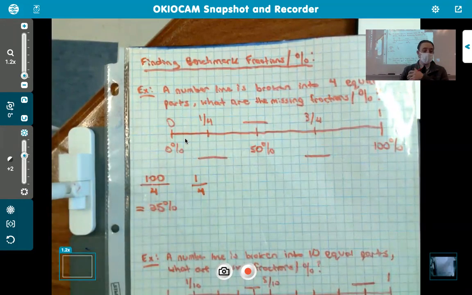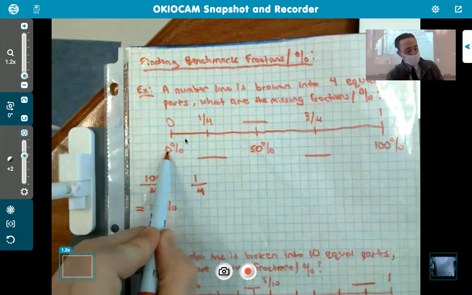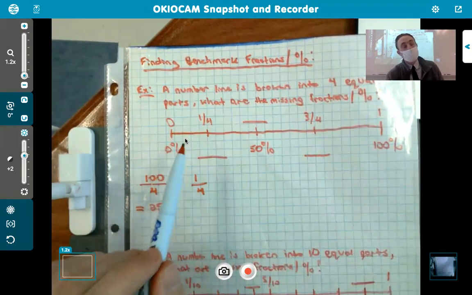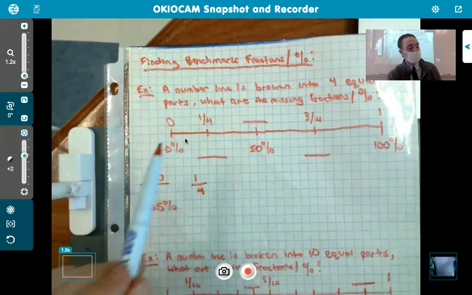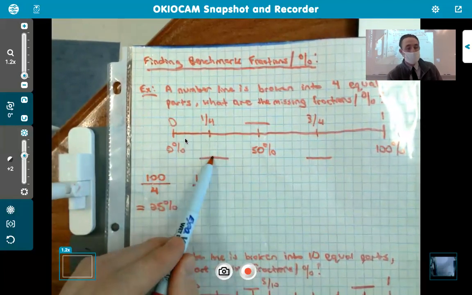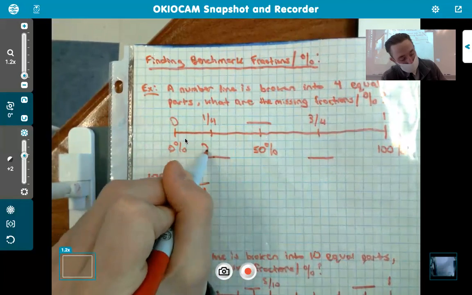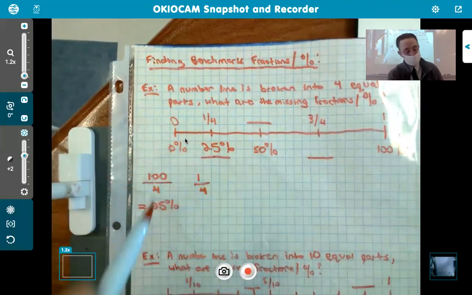And hopefully we can use this fact to help us find what the percentages are going to be at each step along the way for something that's missing, what each fraction is going to be each step along the way, and be able to fill in our missing values, okay? So if I start at 0% and each individual interval is 1/4 or 25%, that means that this percentage point right here would be 25%.